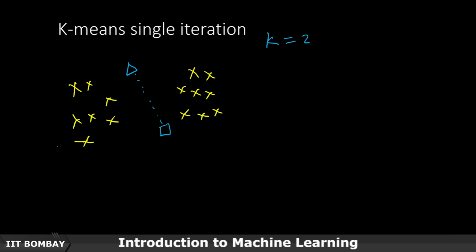Let's say that perpendicular bisector is here. Let me draw this line bold. So this line defines that on one side of the line everything is closer to one centroid, one cluster center, and everything on the other side is closer to the other centroid. So basically this defines the membership of all the points. So these are all belonging to, now let's take a different color.